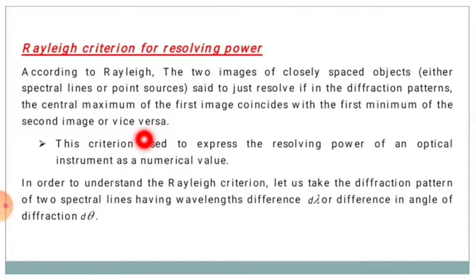That is, the two images or two spectral lines of equal intensity should be regarded as separate, that is just resolved, if the central maxima of the diffraction pattern due to the first spectral line or image coincides with the first minima of the second spectral line and vice versa.